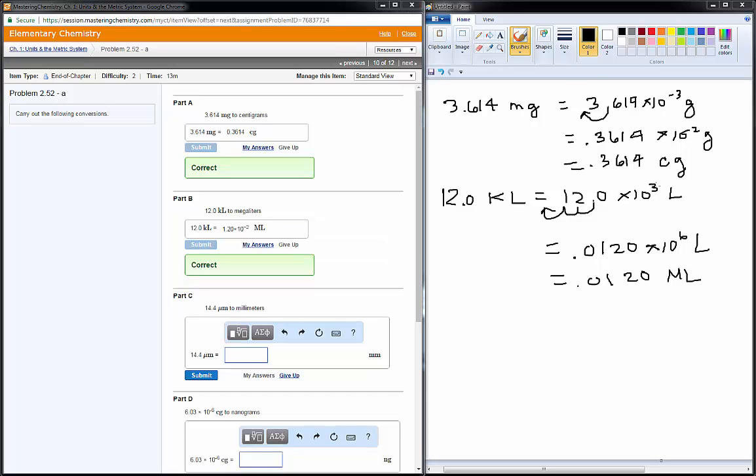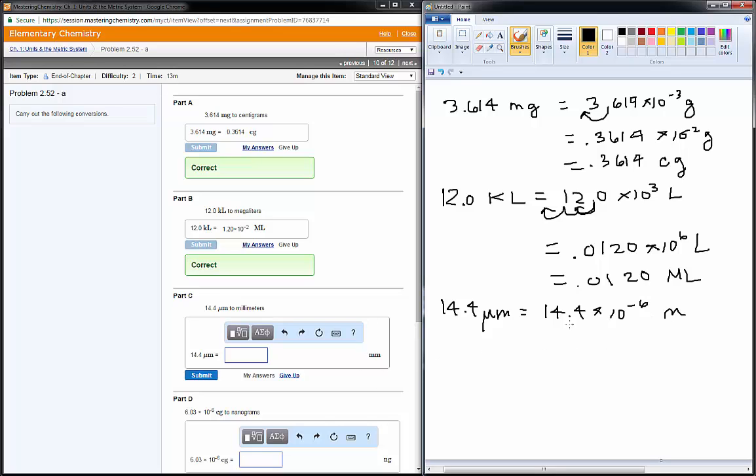Just note that anytime I want to make that exponent bigger, I have to move this decimal point to the left. Like I did here, going from negative 3 to negative 2, that's making it larger. Going from micrometers to millimeters, so 14.4 micrometers equals 14.4 times 10 to the negative 6th meters, because that's what micro means.